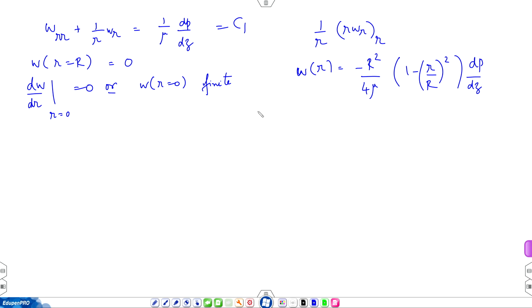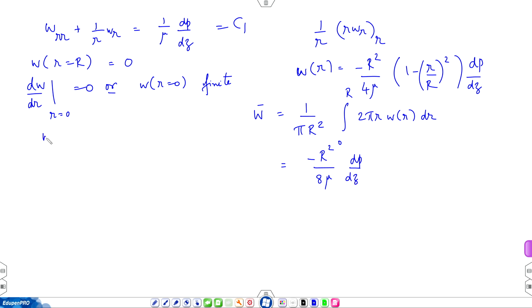So, how much is the average velocity? It is 1 over pi r square, integral 0 to capital R of 2 pi r w(r) dr. And if you evaluate, it turns out to be minus r square over 8 mu dp dz.